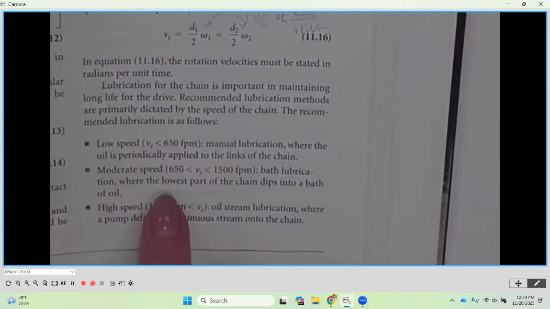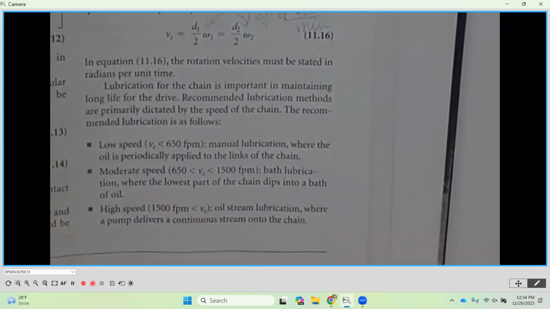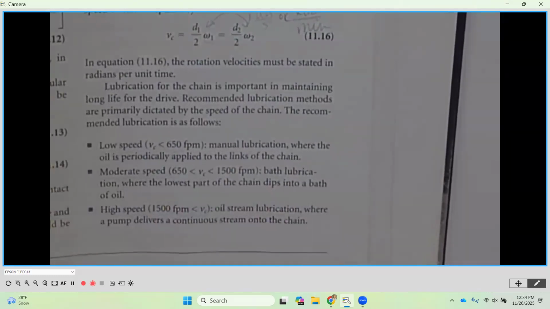Okay. Moderate speed, anything that's between 650 and 1500 feet per minute. Now we've got to actually design in a bath lubrication, where the lowest part of that gear gets a drip or a bath, or runs through a bath of oil as it's going around.